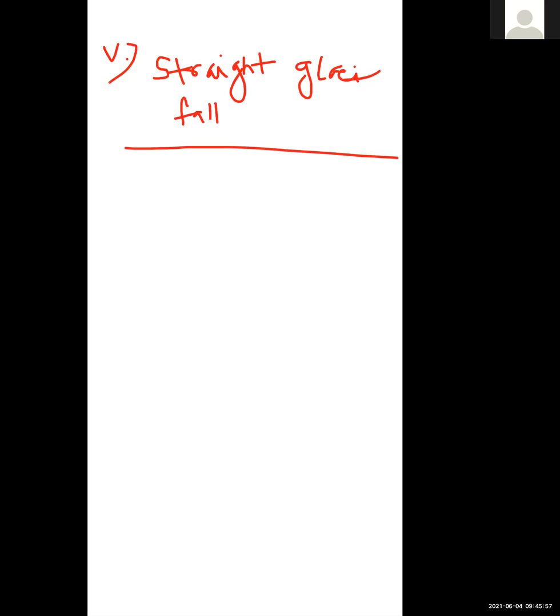So this is the fifth, a straight glacis fall. In this fall, in a straight glacis fall, the ratio of height is 2:1.